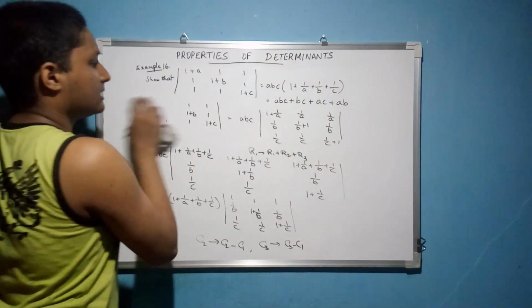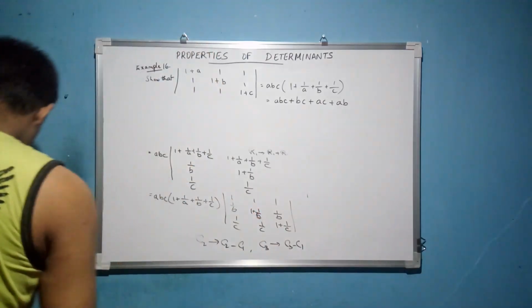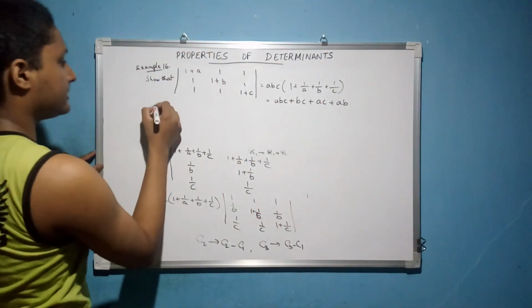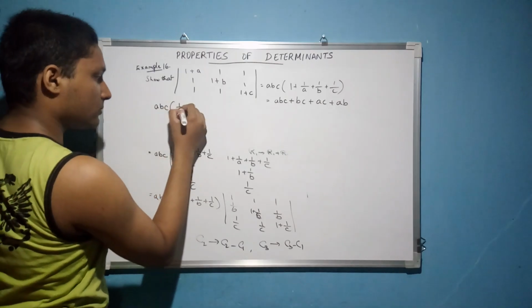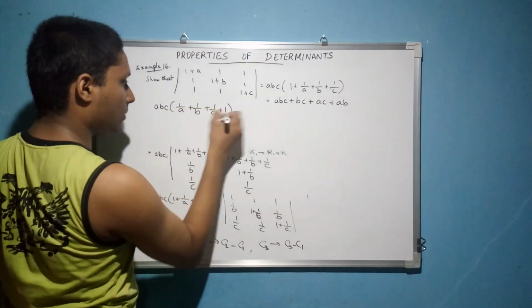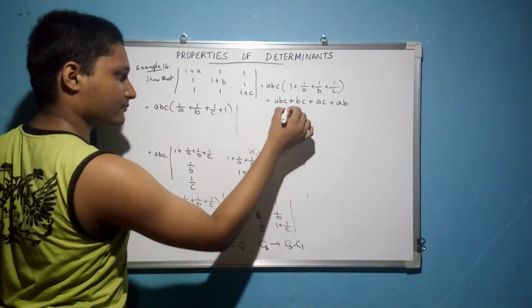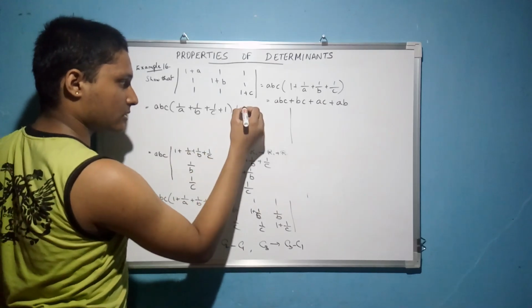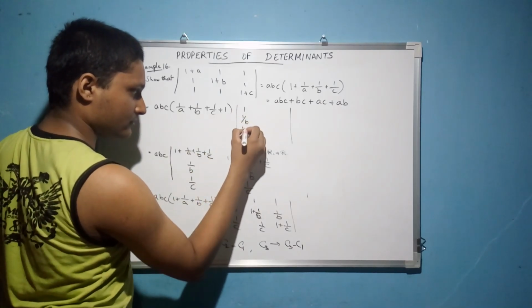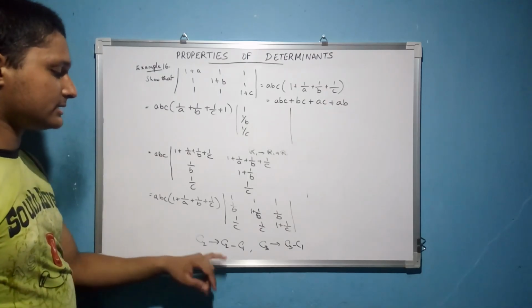So what it is going to be now, the common terms we just write out first itself, that is abc into 1 by a plus 1 by b plus 1 by c plus 1. Then you have to do the operation. The first column is going to be as it is, 1 by c. Next you have C2 minus C1.